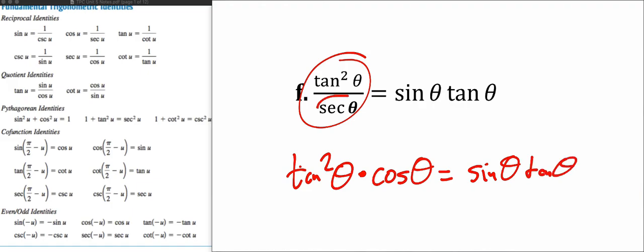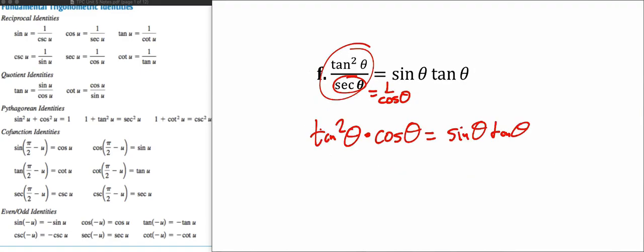Again, secant of theta equals 1 over cosine. So we're dividing by that fraction; in other words, we're multiplying by cosine over 1. From there, we can start breaking this up into sine squared of theta over cosine squared of theta times cosine of theta.